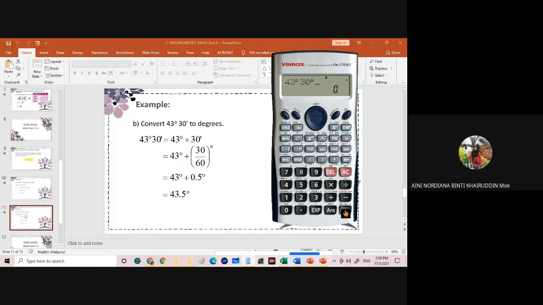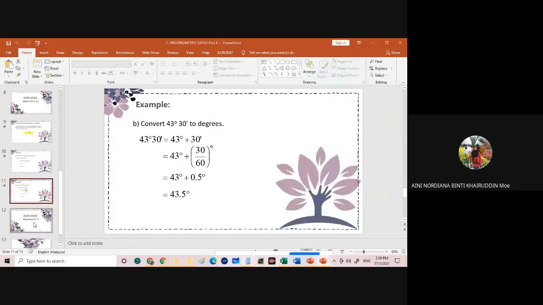Then press equal. The calculator will give the same as this, but you want the answer in degrees, so press this button again. So the calculator will give you 43.5. So this is your homework.